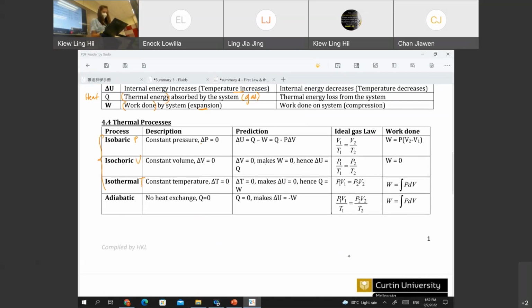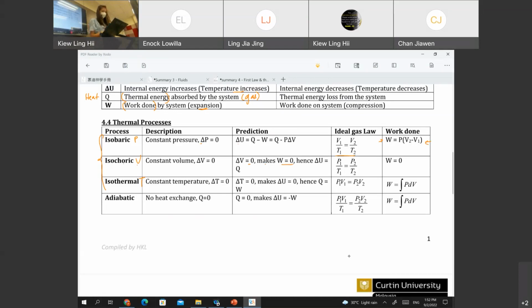For isobaric, delta U still equals Q minus W, but your work done is straight away P times delta V. So your ideal gas law ratio becomes only V1 over T1 equals V2 over T2. For isochoric, when V is constant, it causes your work done to equal 0.